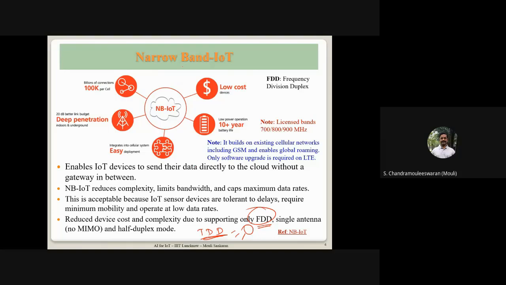Let me give an example. Time division means, suppose multiple devices are there, and this is the time in which they have to communicate with the base station. Every mobile device is given one particular time slot so that they can multiplex their data. That means only during this time slot, one device is allowed to transmit.